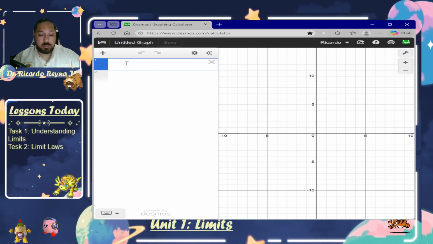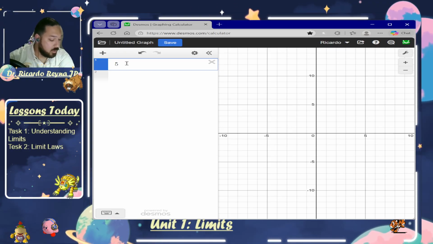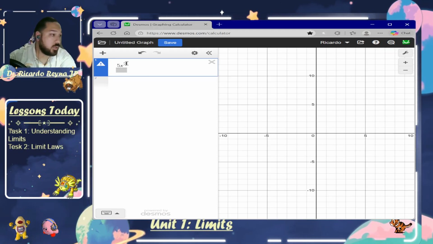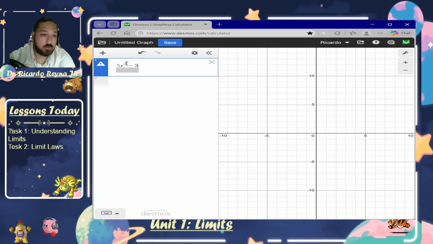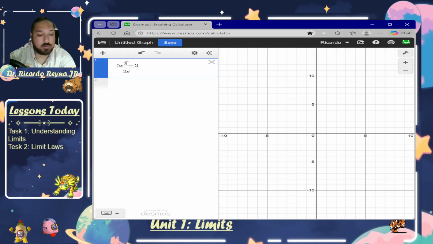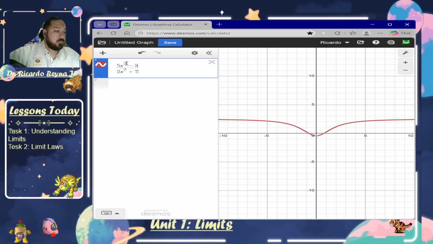So first equation reads 5. All right, here, let me do a fraction first. We got 5x squared minus 3 over 2x squared plus 7.